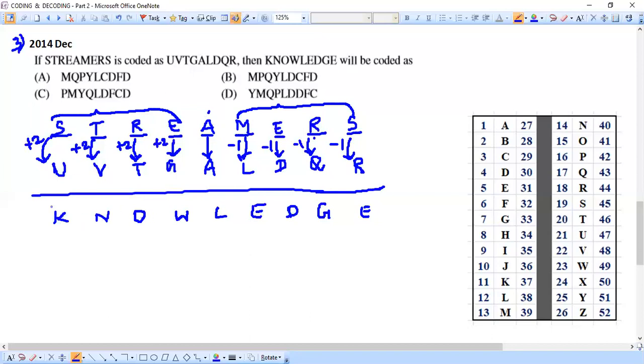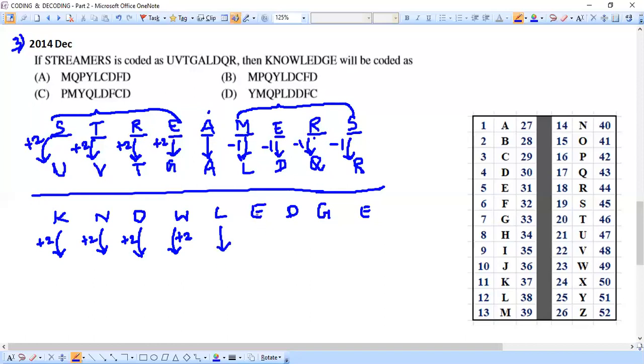KNOWLEDGE. So here also, let's do the first 4 letters. Here we need to do +2 for K. Then N here also +2. Then O is +2. And W is +2. It's very clear. And leave off the 5th letter. We'll have to get the same letter repeated.